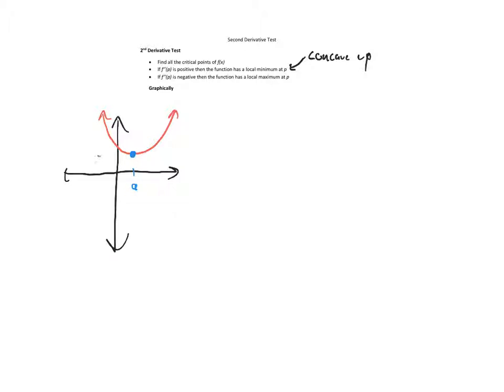So if you have a slope of 0 and you're concave up at that point, then it has to be a local minimum. So here I would say A is the location of a local minimum.